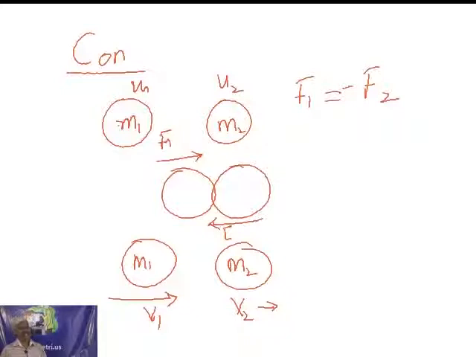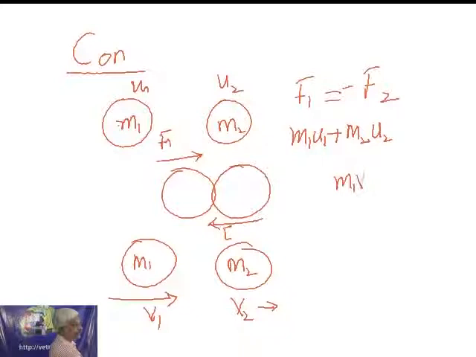So what does momentum say? What is the total momentum before collision? The momentum formula we know: mass into velocity of the first particle plus mass into velocity of the second particle. What is the momentum after collision?